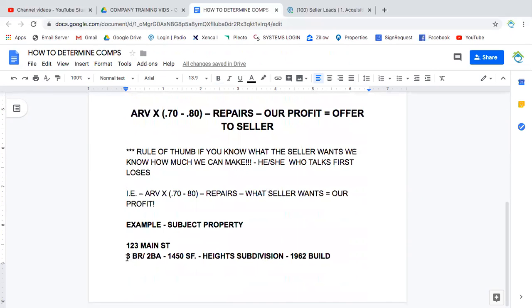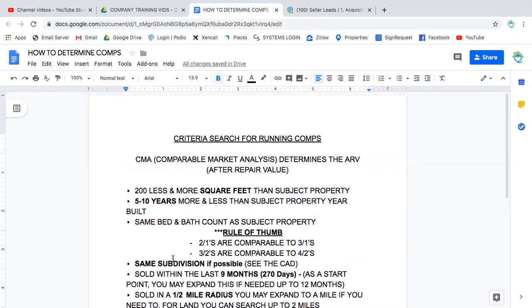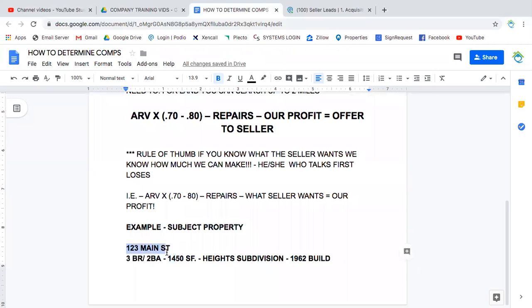So for this property, we would search properties between 1,250 square feet, which is 200 less, up to 1,650 square feet, which is 200 more. And this will give us a range of homes that are similar in size to ours here on 123 Main Street.